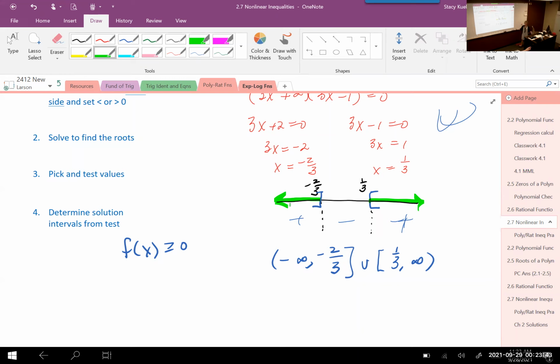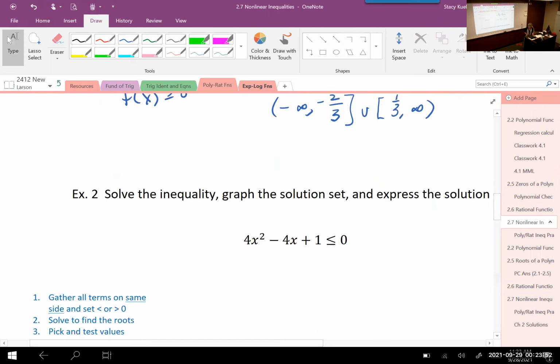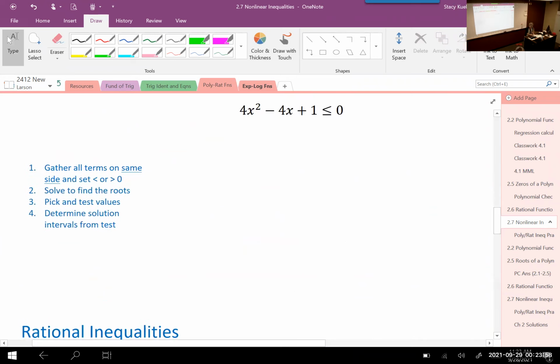Right? Okay? That seems fairly easy, right? So far. Okay, now you all try that one. There are the steps that I used on the left.